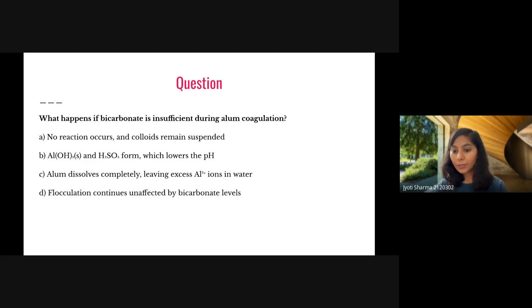Okay, so I got B option. Priscilla gave me B option. So yes, if we have insufficient bicarbonate and we are adding alum coagulant to your untreated water, there will be some reaction, and that will create sulfuric acid, and that will lower the pH. It means your untreated water will be acidic in nature.